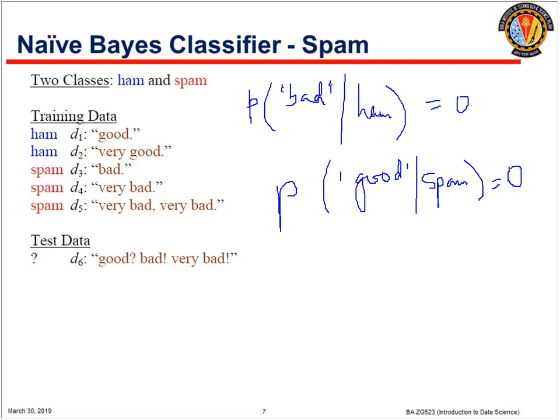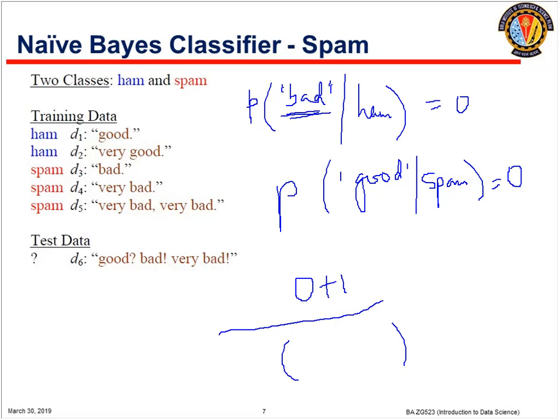So what is normally done is called Laplace smoothing, in which 1 is added to the count of every word in a particular document. Let's say you want to find the probability of bad. The count of bad in ham is 0, but in Laplace smoothing you add 1 to every count, and divide by the number of words present.